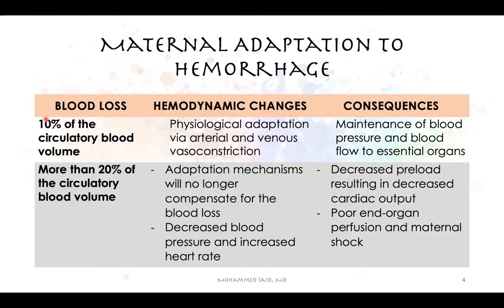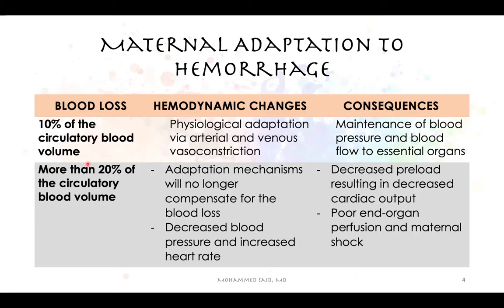So you're going to have arterial and venous vasoconstriction to slow the blood going to these organs, and then redistribute the blood mainly to the organs that I just mentioned. This is going to maintain the blood pressure and blood flow to the essential organs. So basically, nothing major is going to happen.